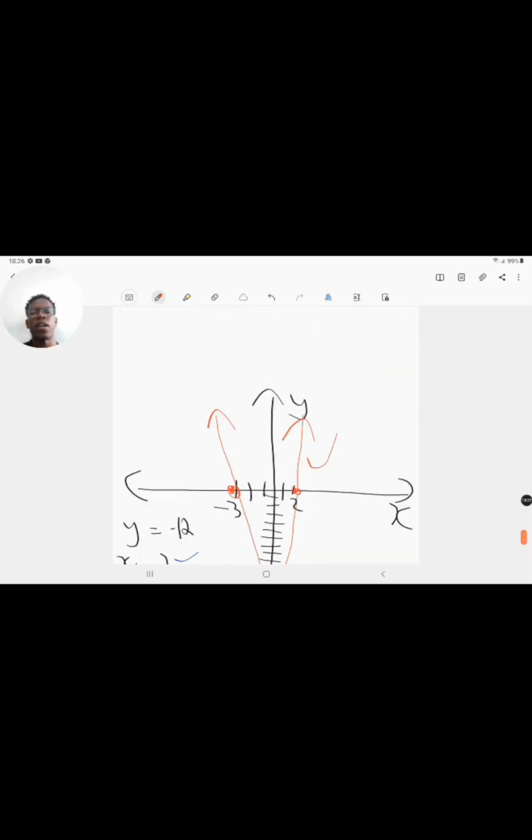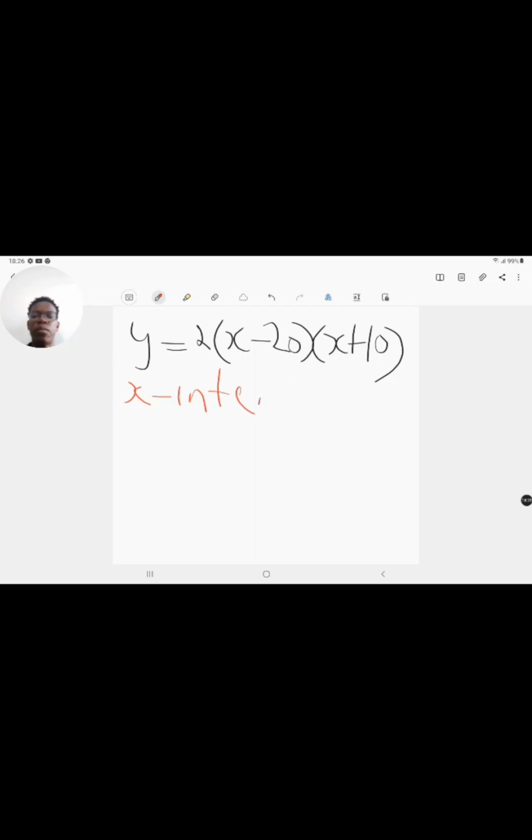Now I'm just going to write out a bunch of equations to hammer the point home. Let's say you've got this equation here: y is equal to 2, open bracket, x minus 20, x plus 10. If I asked you what the x-intercepts are, you can tell from visual inspection immediately.